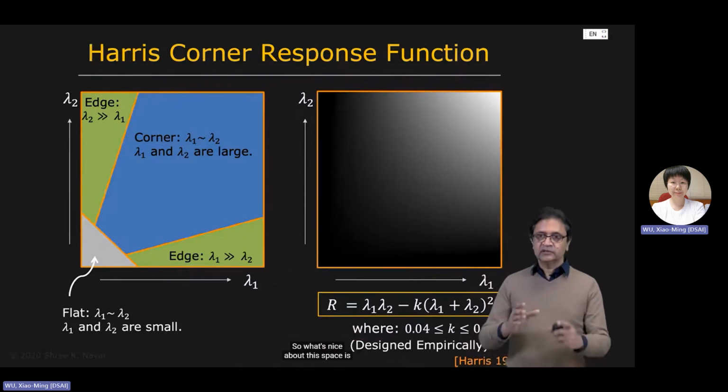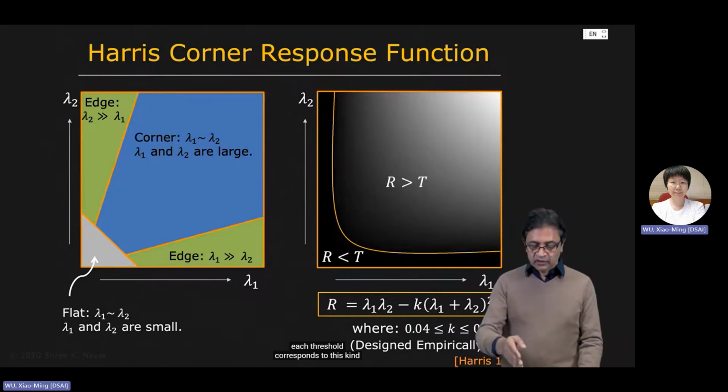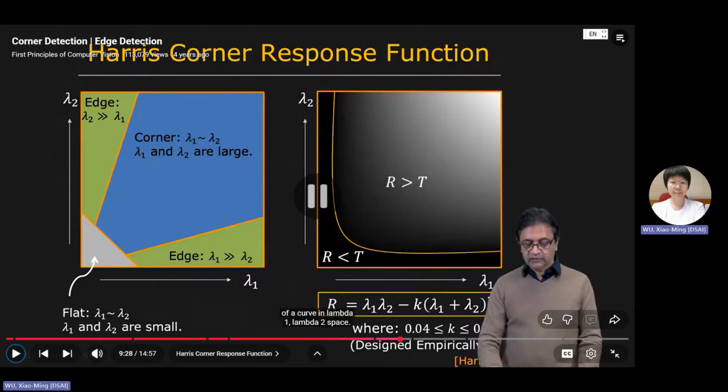So what's nice about this space is that if you apply a threshold to R, each threshold corresponds to this kind of curve. So for example, we compute R for each pixel, and then we set a threshold T. Those pixels whose cornerness response is larger than the threshold, we consider corner pixels.